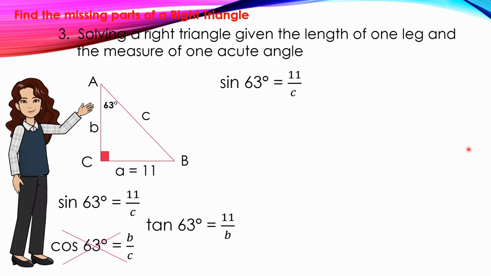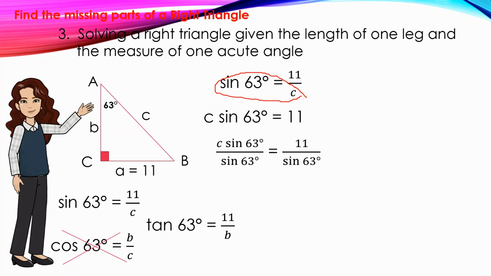Okay, so let us use sine 63 is equal to 11 over C. You have to use cross product. So we have C sine 63 degrees is equal to 11. After that, C sine 63 over sine 63 is equal to 11 over sine 63.